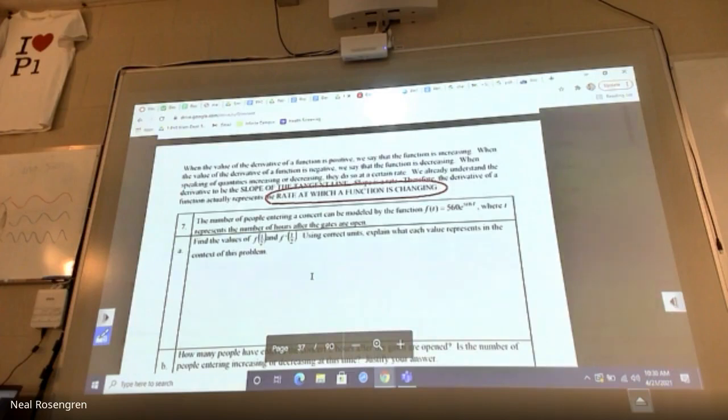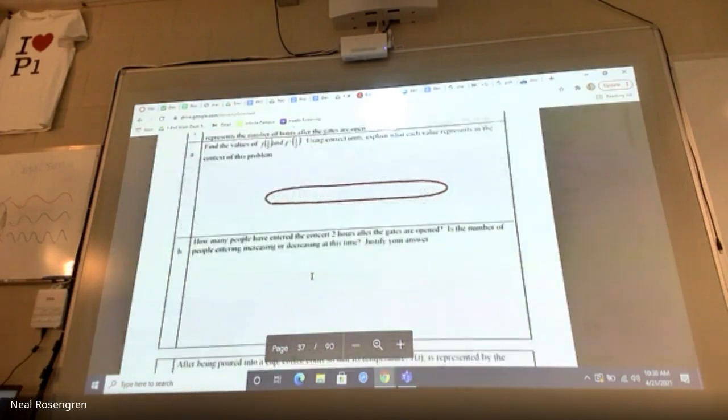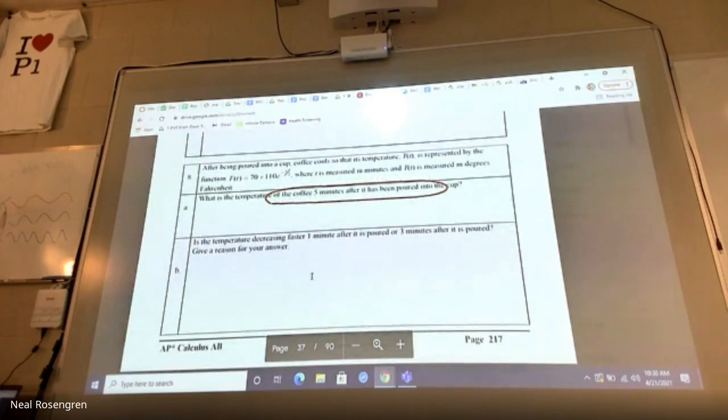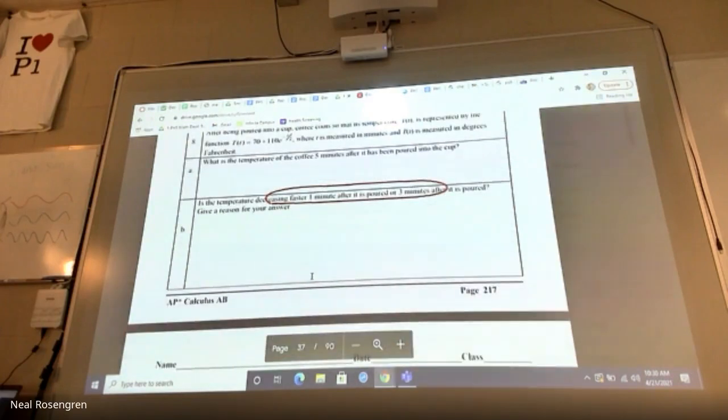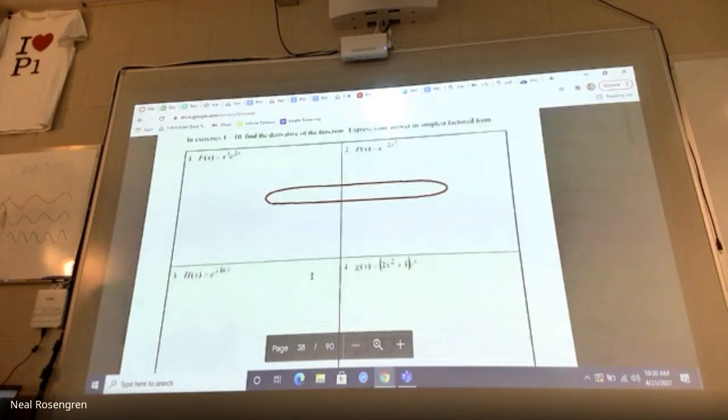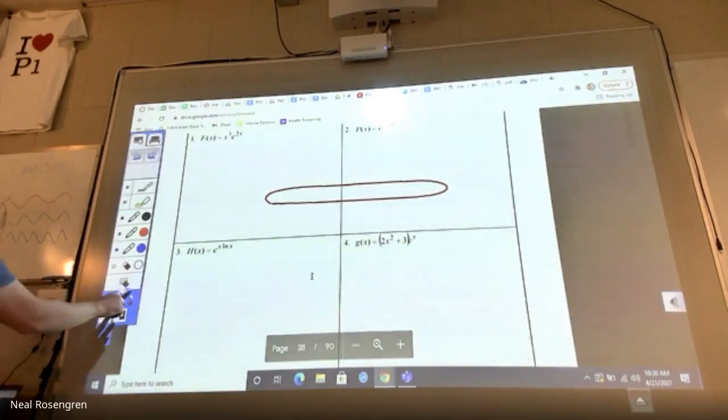We can use a function like that to figure out when people are showing up, how fast they are going in and out, all that good stuff. That's really, really helpful. A cup of coffee, temperature in a cup of coffee. A lot of exponential and logarithmic growth there. All right, cool. Here we go.